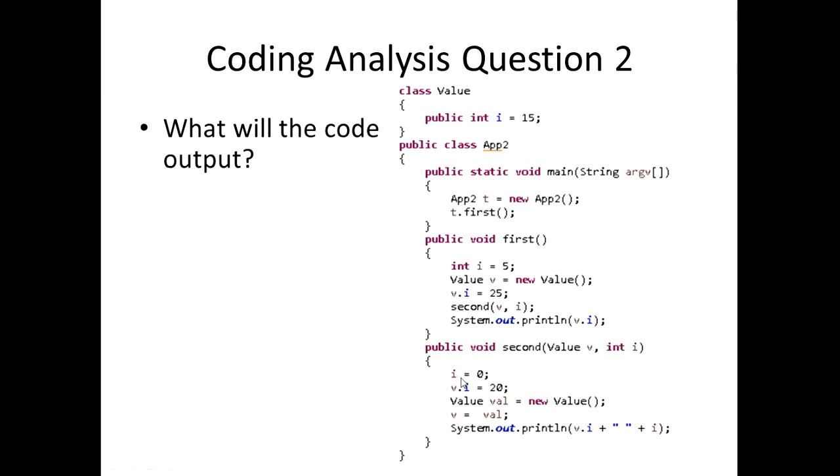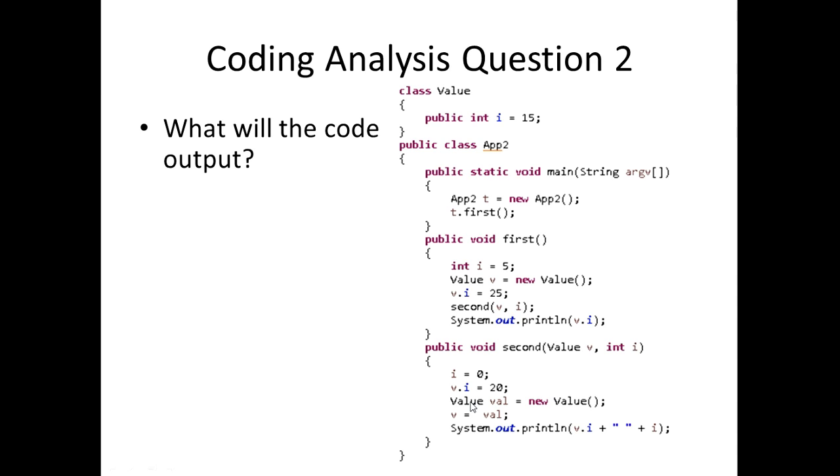This is now going to be set to 0, so i is now 0 inside of this method. And then we have v.i, which we are now setting to 20. Now you remember, v.i was set to 25. Now we're taking the i value of this object and setting it to 20.